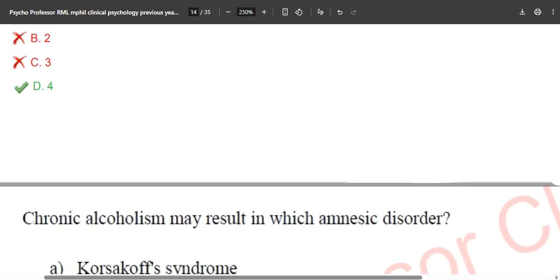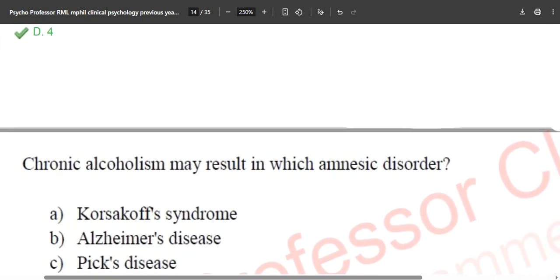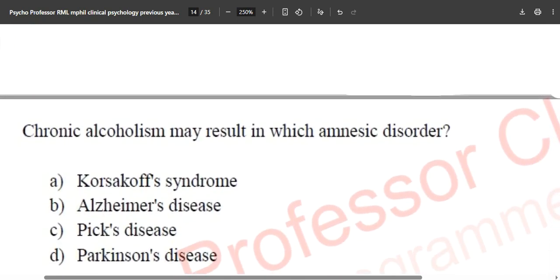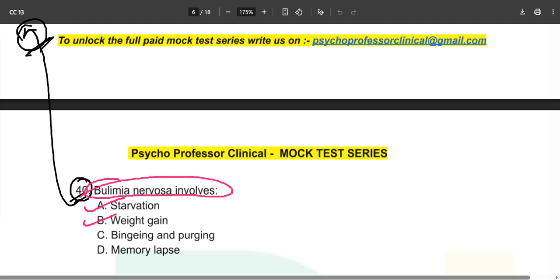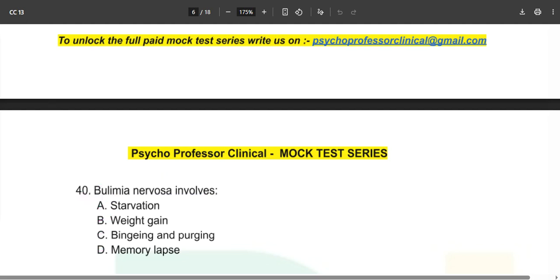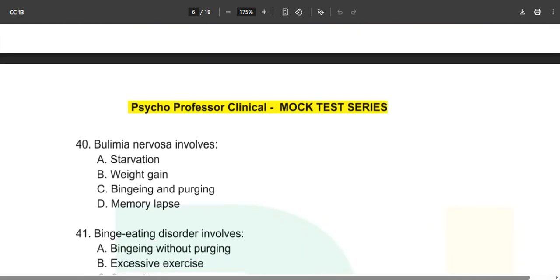Now, last question for today. Chronic alcoholism may result in which amnesic disorder? But before that, have a look at this question number 40 from the CC series, chapter number 13. Bulimia nervosa involves starvation, weight gain, binging and purging, memory lapse. What is going to be the answer? You have to practice these basic questions, and you have seen in the exam also the questions are coming as they are.